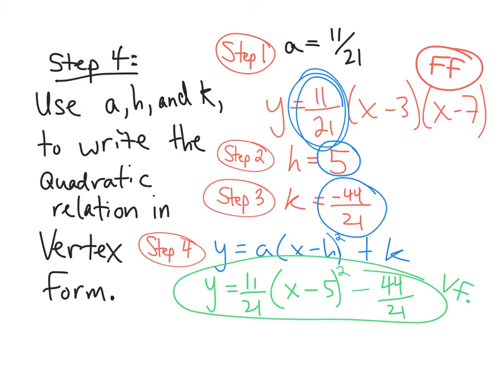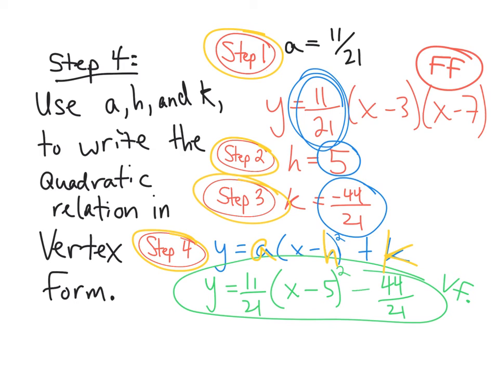So now that leads us to step 4. We're going to use the a value that we calculated in step 1, the h value that we calculated in step 2, and the k value that was calculated in step 3. And in step 4, we're going to use those 3 values to write vertex form. Because as you can see in general, it's y equals a(x minus h) squared plus k.